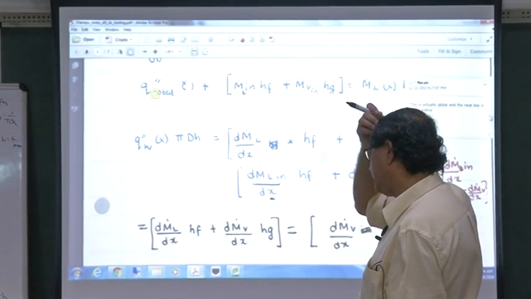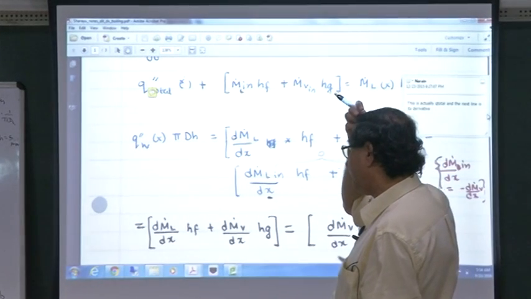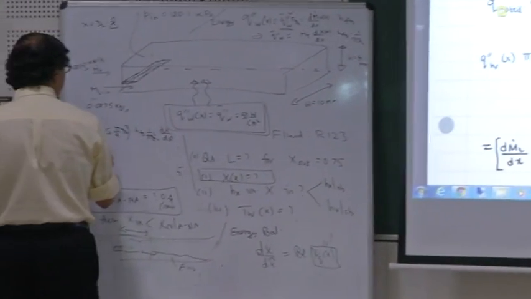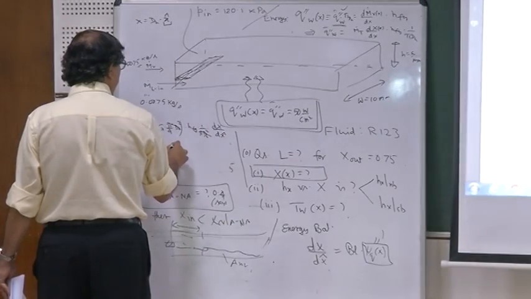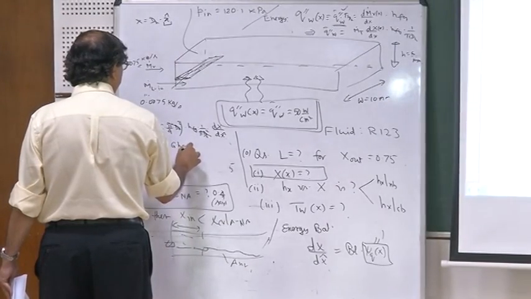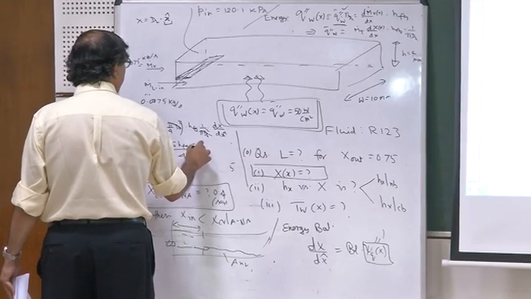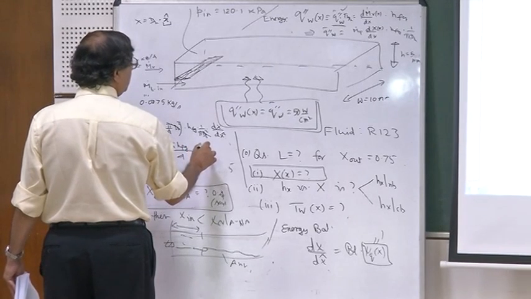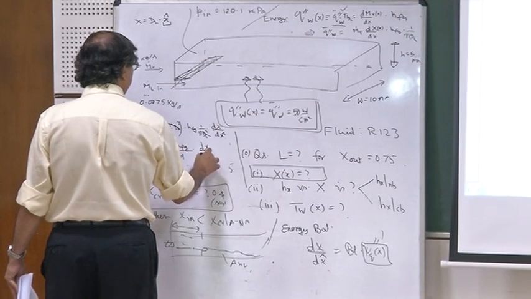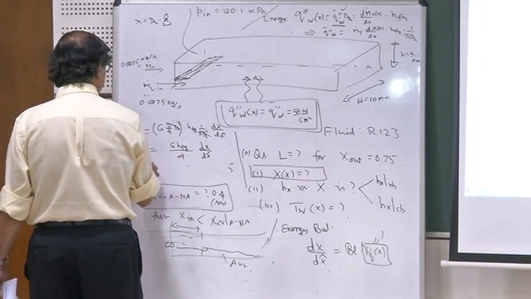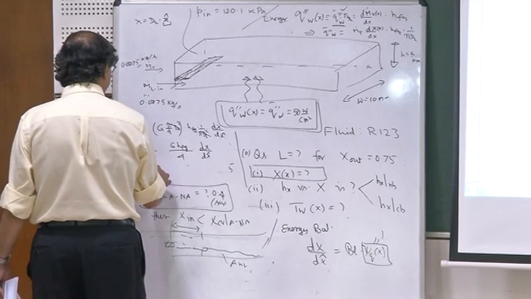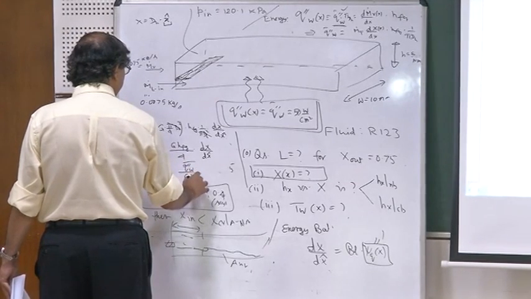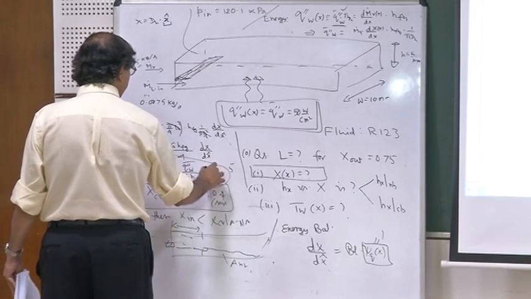I am getting a factor of 4, is that right? So anyway, what we get here is G HFG by 4 dx caret, and I'm getting here an equation called dx caret equal to Q double prime wall bar by G HFG times 4, and I'm going to call this the boiling number.